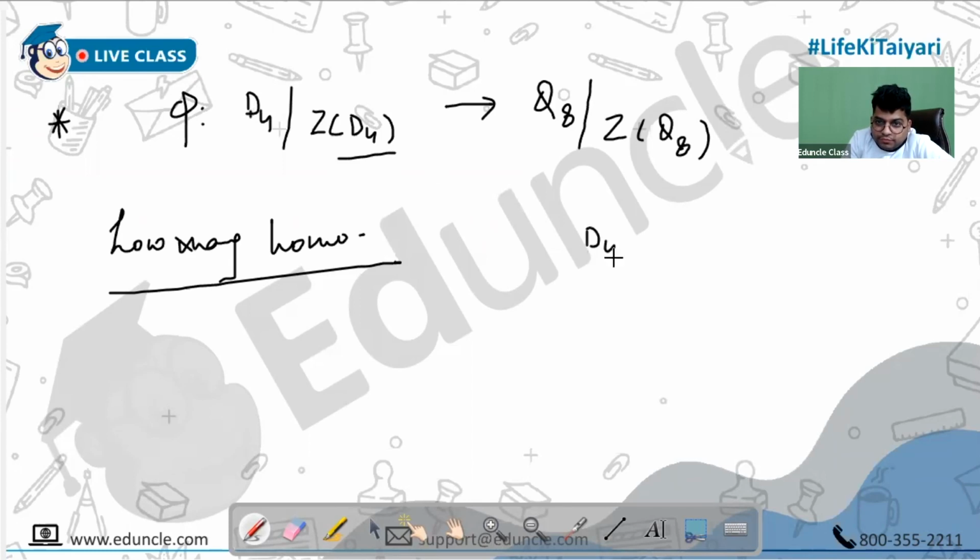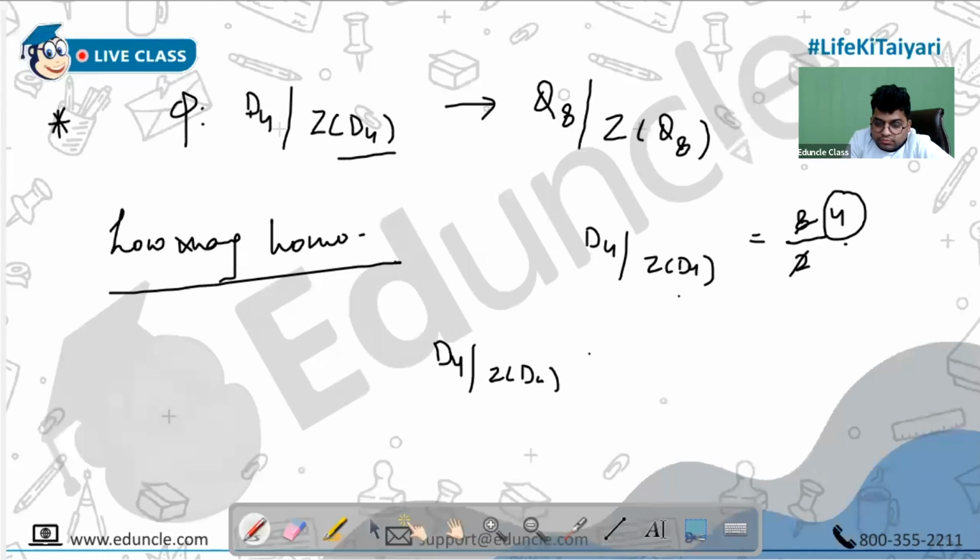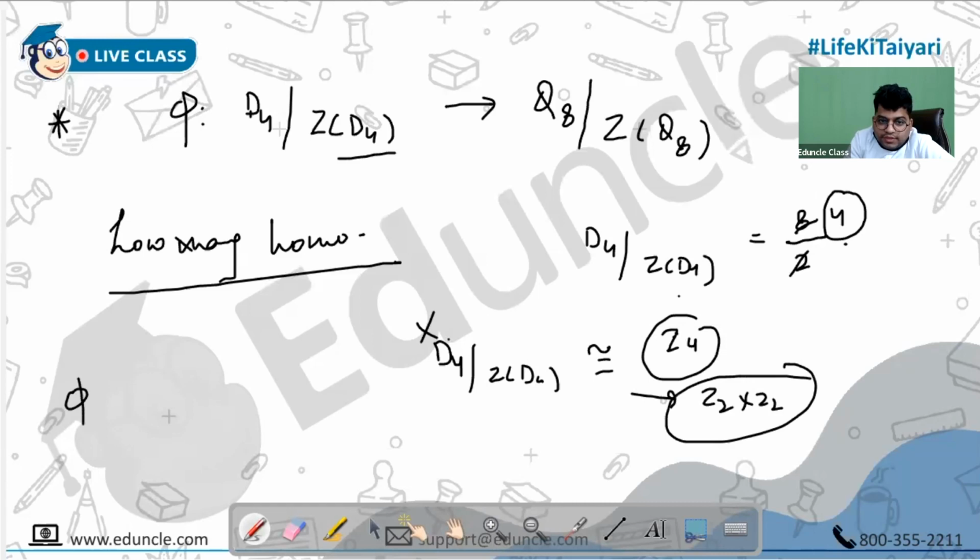This is D4 upon center of D4. D4 is of order 8, center of D4 is of order 2. Let us cancel, so that is 4. So that D4 upon center is isomorphic to either Z4 or, this is cyclic so this is abelian, but this is not abelian, so that is isomorphic to this. So phi is a mapping from Z2 into Z2. What is this?